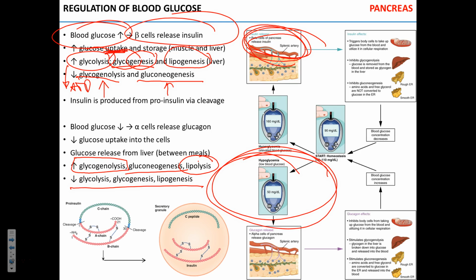Pass out. Why do you pass out? When you pass out, which organ shuts down? Brain. Why does the brain shut down when glucose is low? The only fuel that the brain can use is what? Glucose. It cannot use fat, it cannot use free fatty acids, it cannot use amino acids. It must use glucose. So glucose levels must be maintained for the brain to function.